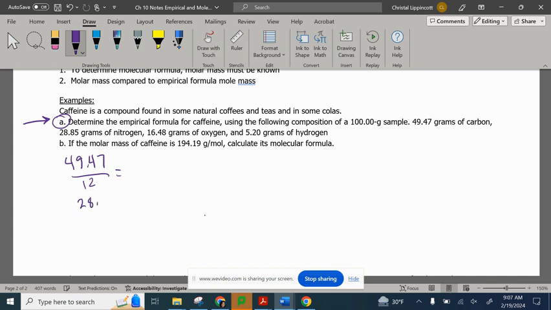I got 28.85. I'm going to divide that by 14. My oxygen, divided by 16.